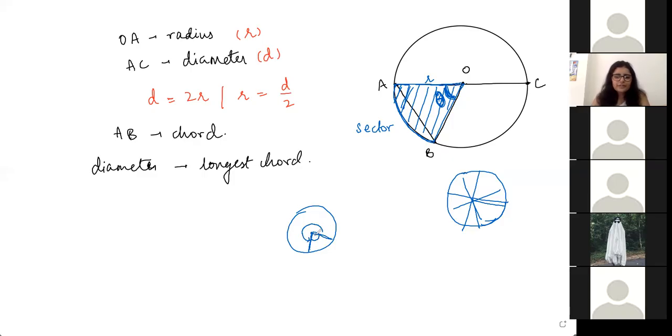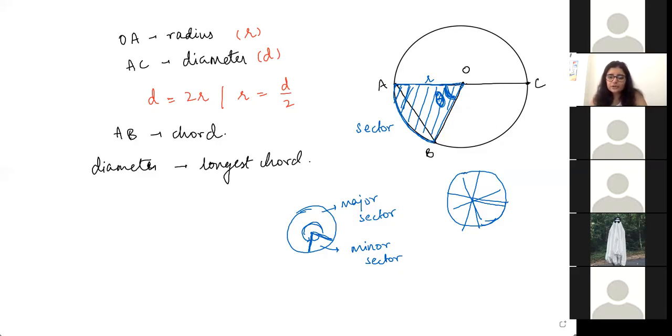Whichever sector you get from the smaller angle is called the minor sector, and whichever sector you get from the bigger angle is called the major sector. Again, it's directly related to the words. Smaller angle is minor, greater angle, bigger area, so that's a major sector. Okay.